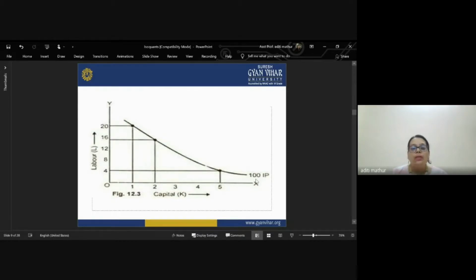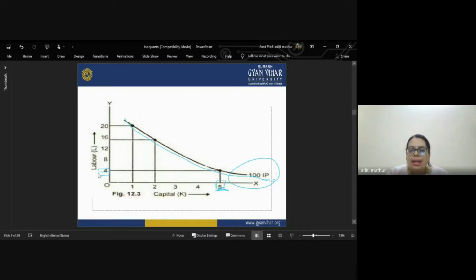So this is another clear picture of the isoquant curve. It is downward sloping from left to right. And it is because, let us take this point as our base, that we have used 4 units of labor and 5 units of capital, and I'm getting 100 units as my final product.